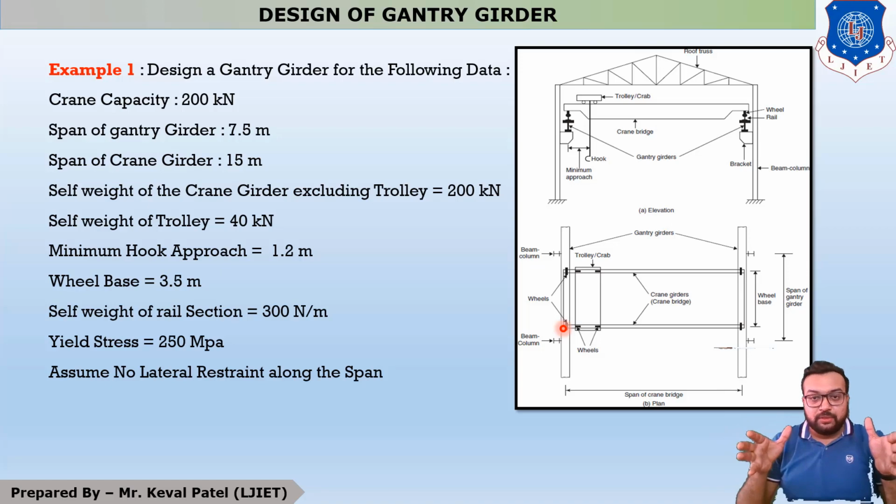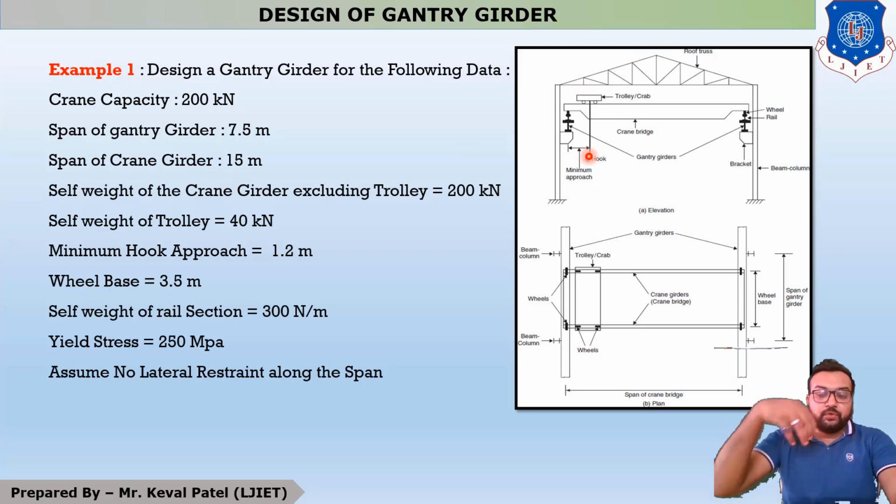In the first step, we have to transfer the load from the crane girder to the gantry girder. Whenever we transfer a load from crane girder to gantry girder, there are four main types of load which we have already discussed. The first is vertical loads, in which you have to consider three major loads: the crane girder's load, the trolley, and the hook load.